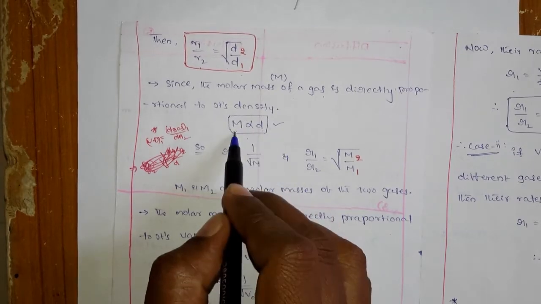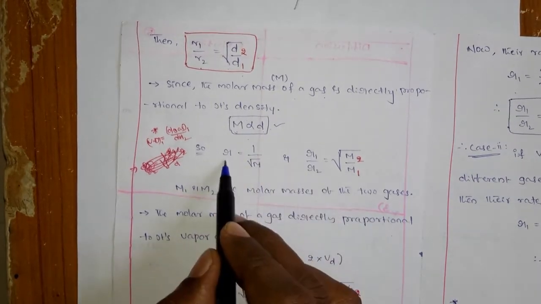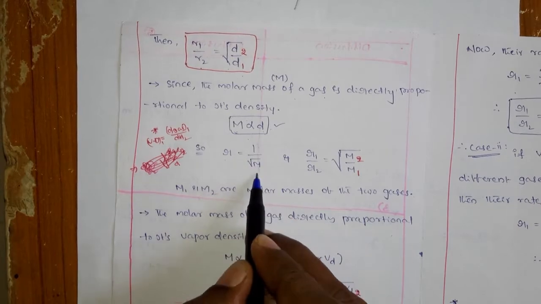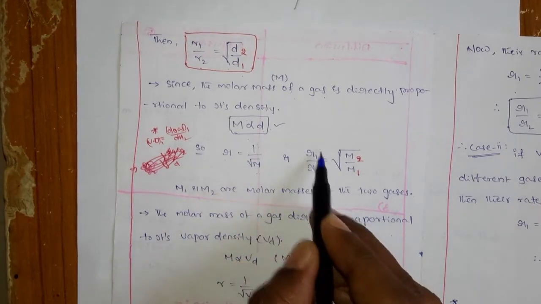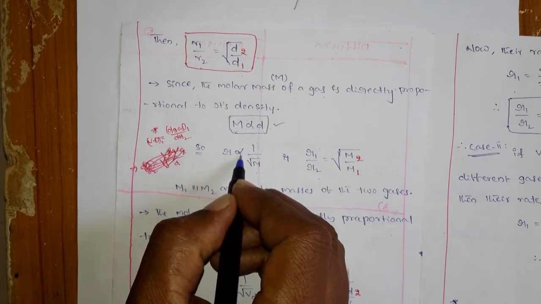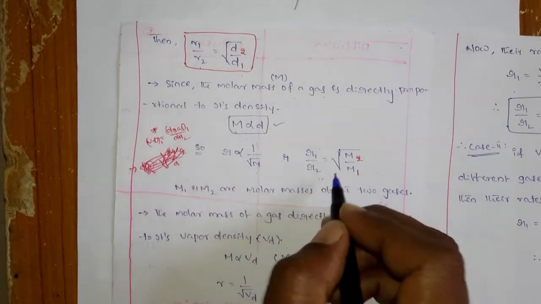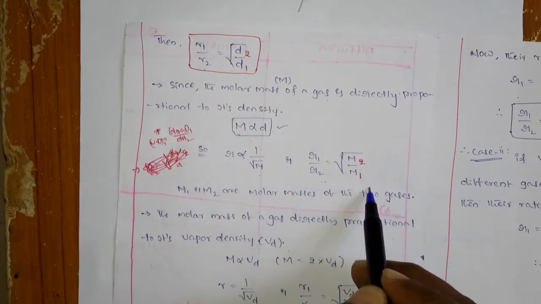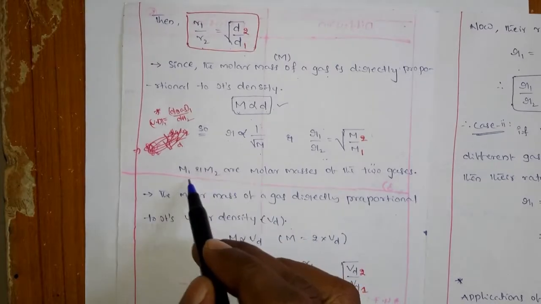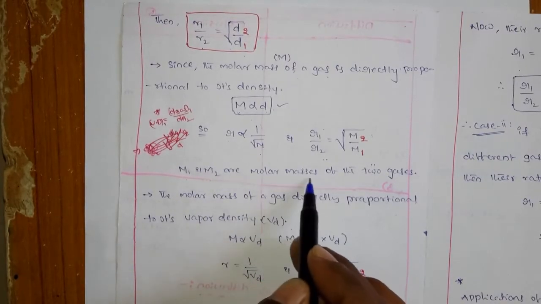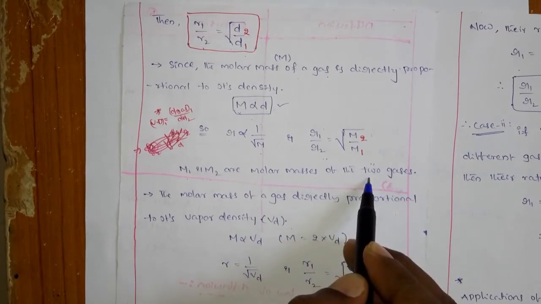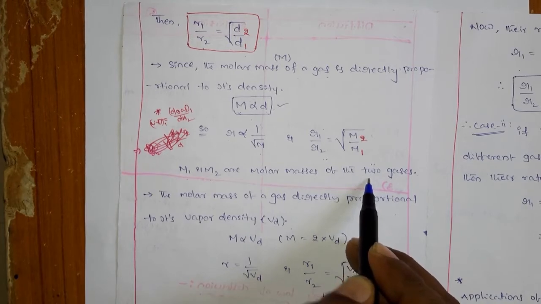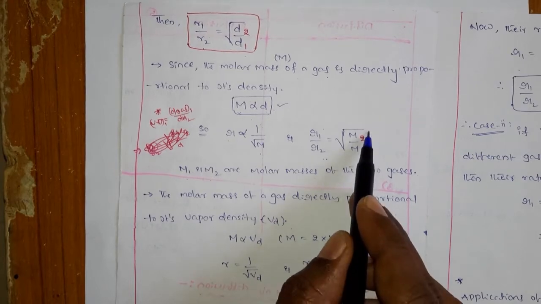Wherever d is there, take M. So R is proportional to 1 by square root of M. Again R1 by R2 is equal to square root of M2 by M1, where M1 and M2 are the molar masses of the two different gases. Like take the example of hydrogen and helium: hydrogen molar mass one, helium molar mass the other.